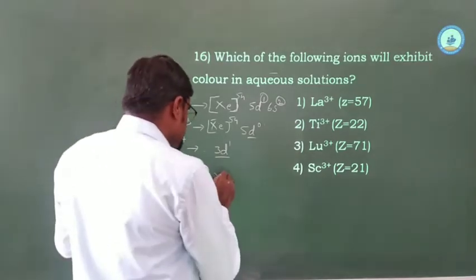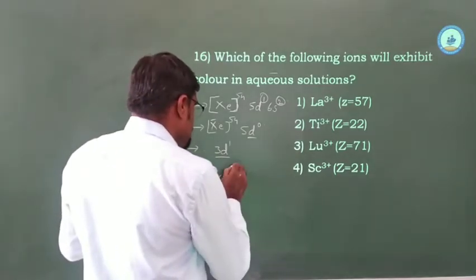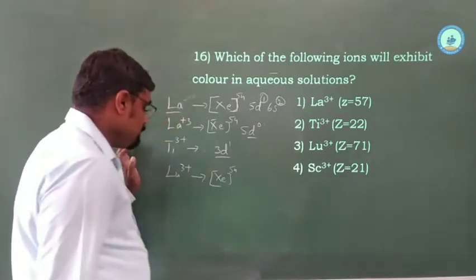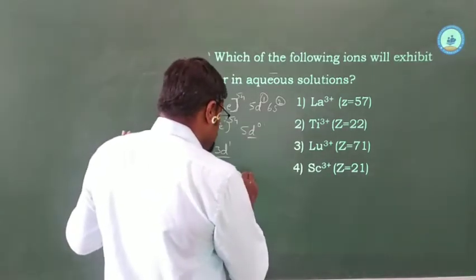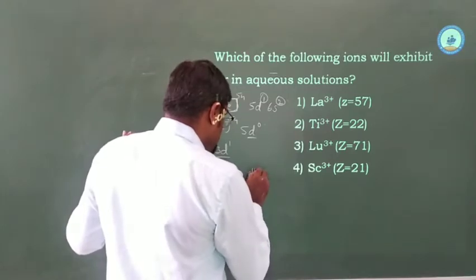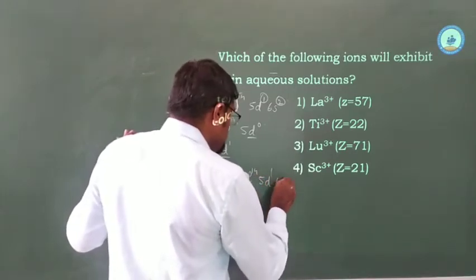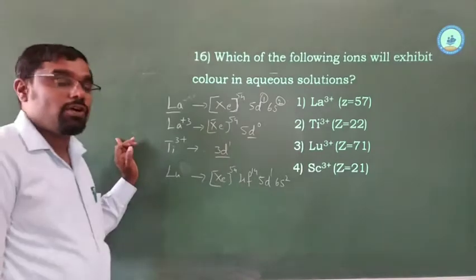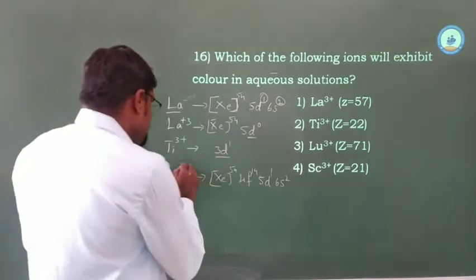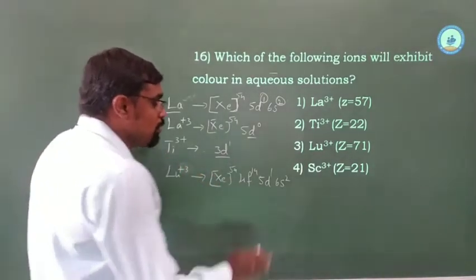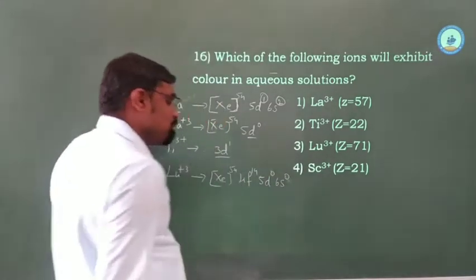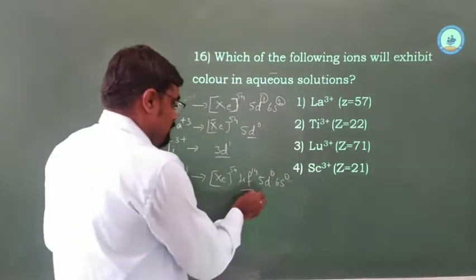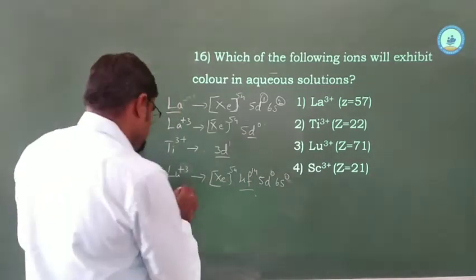After xenon 54 the configuration is 4f14, 5d1, 6s2. In the +3 state we remove 3 electrons, 1 from d and 2 from s.